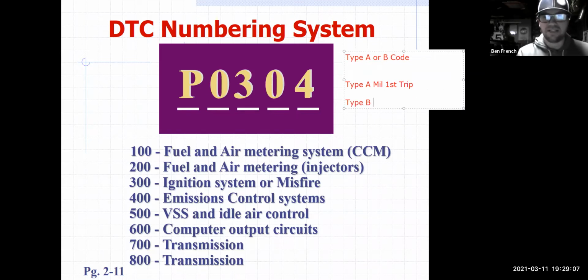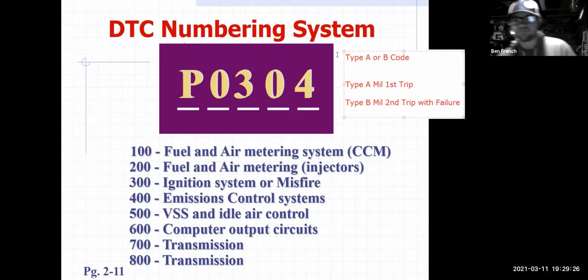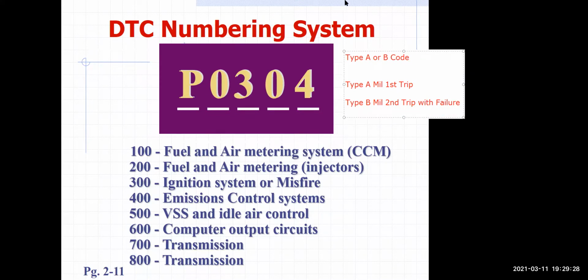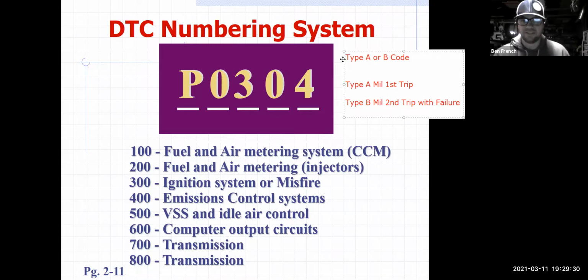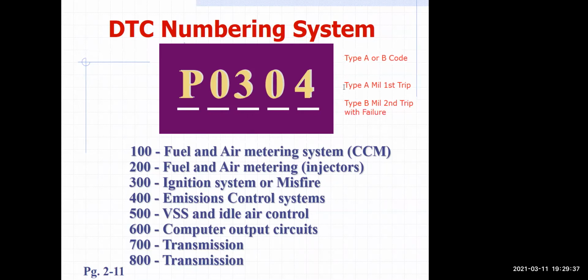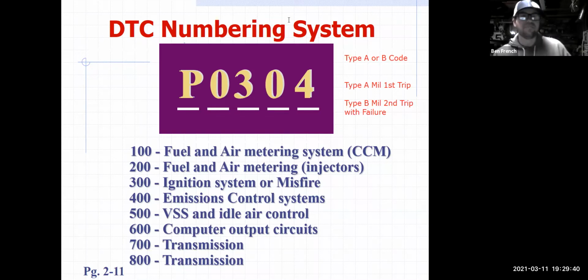Type B, the MIL comes on the second consecutive trip where it fails. Okay, so this is a big deal. Let's see if I can squeeze them in here like this. So is it a type A code or a type B code?